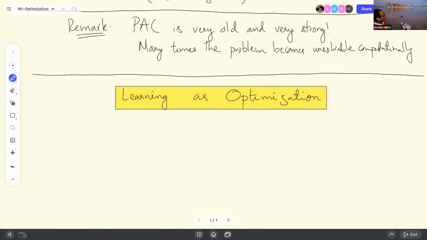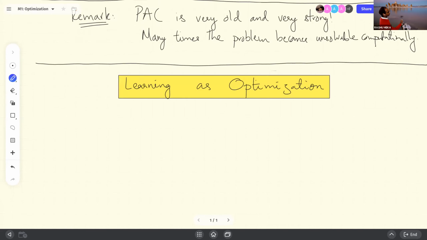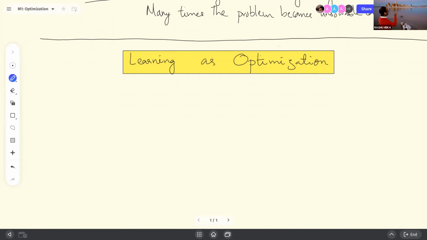So what do I mean by learning as optimization? So what do we have so far? We have a distribution D on X. And you should not assume that we know this distribution. Okay?